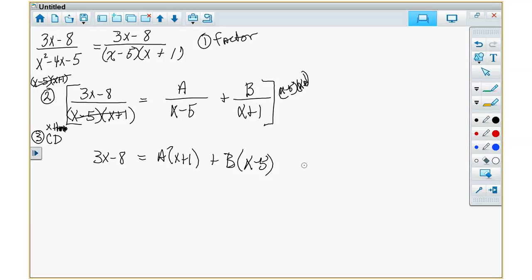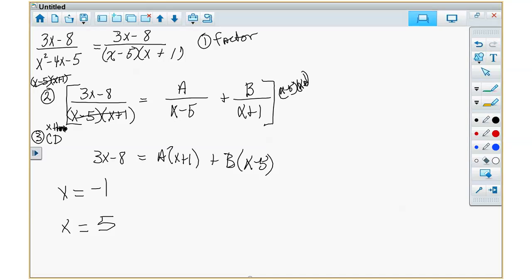You're supposed to learn that when you learned how to do algebra. But anyway, I'm going to make x equal -1 and solve. And I'm going to make x equal 5 and solve. So plug in a -1 and solve, and plug in for a 5.